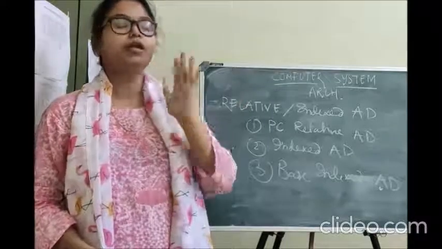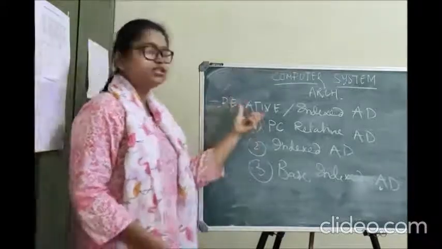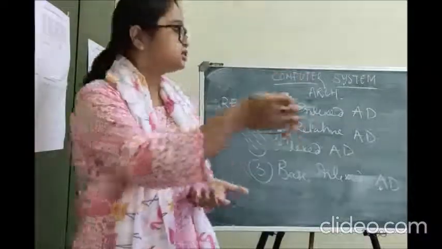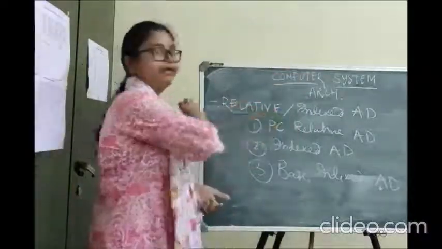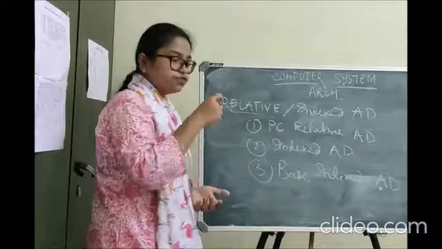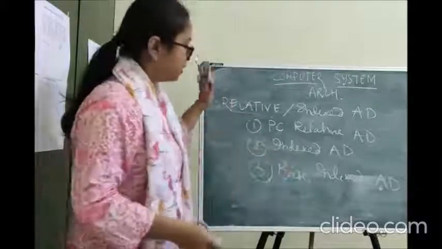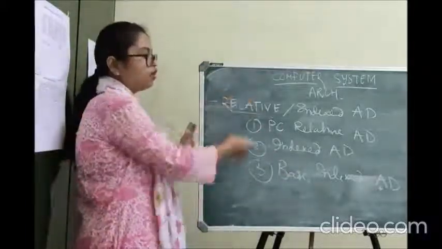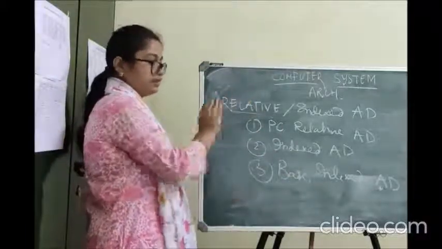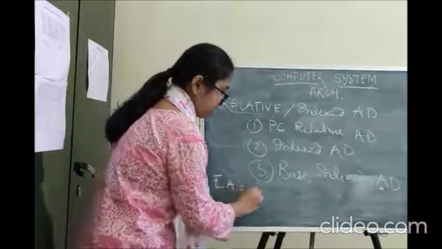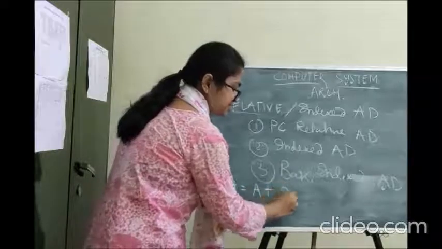Now, this addition with some address to get the effective address is called relative or indexed. That means we are adding some extra value to get the effective address. So in all three relative addressing modes, we get the effective address as address plus some displacement.